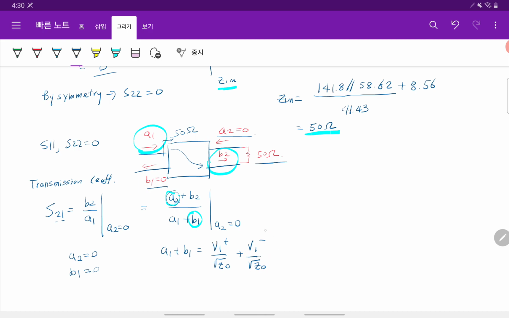So this is V1 plus and V1 minus, and then V2 plus and V2 minus. A2 being 0 means V2 plus is 0, same meaning, right? So this is basically the total voltage at V2 and the total voltage at V1.